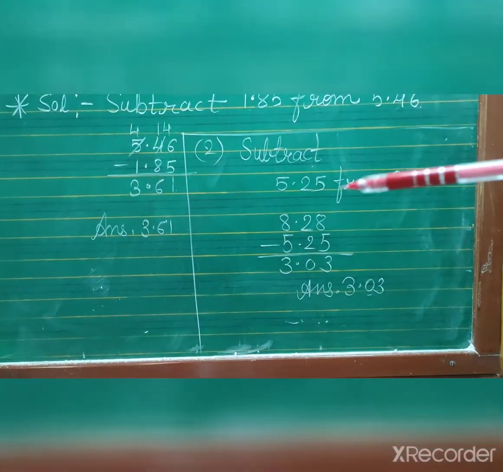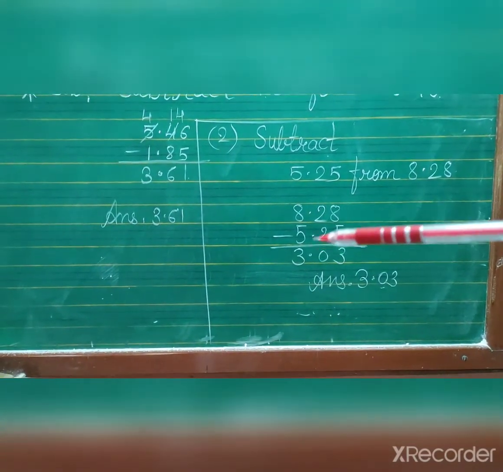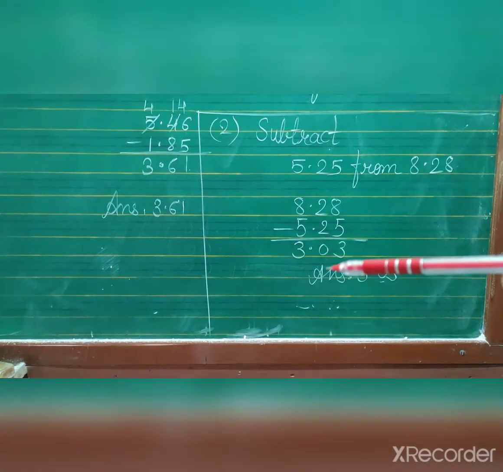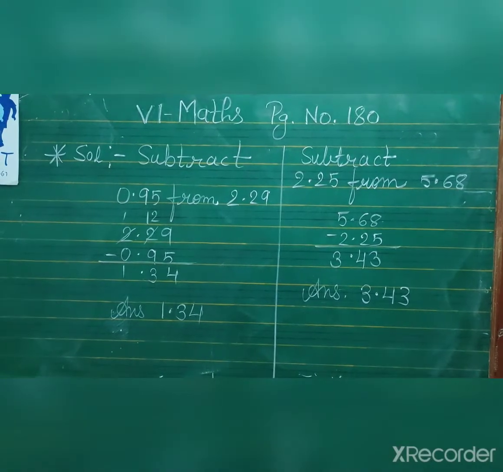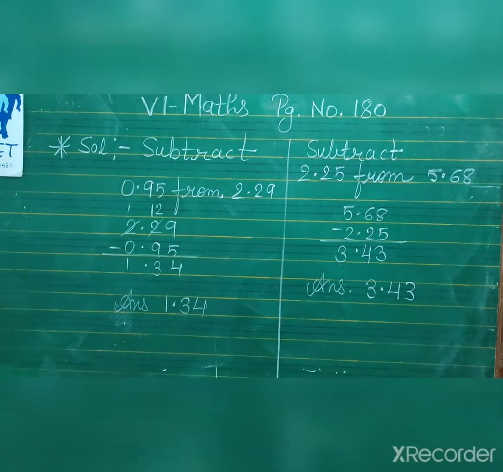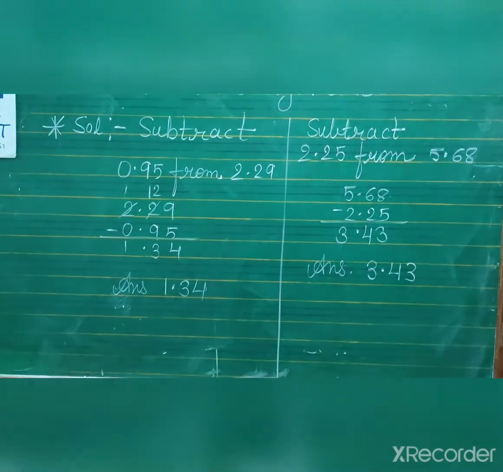Now subtract 5.25 from 8.28. So 8.28 minus 5.25. 8 minus 5, 3. 2 minus 2, 0. Decimal as it is, 8 minus 5 is 3. Next, subtract 0.95 from 2.29. So 2.29 minus 0.95. 9 minus 5, 4.